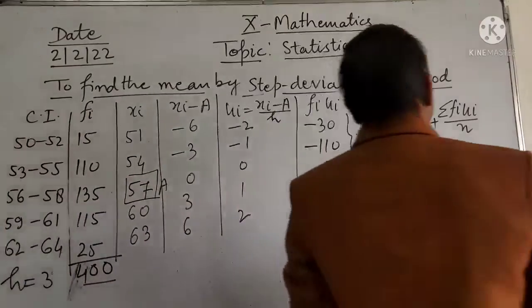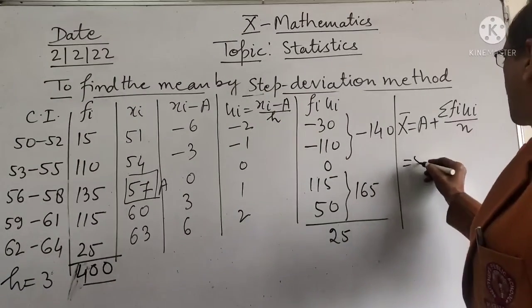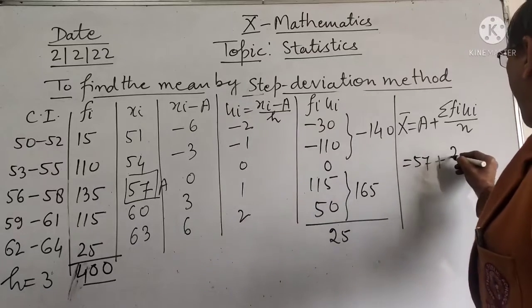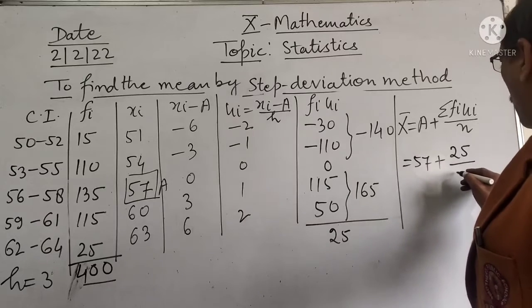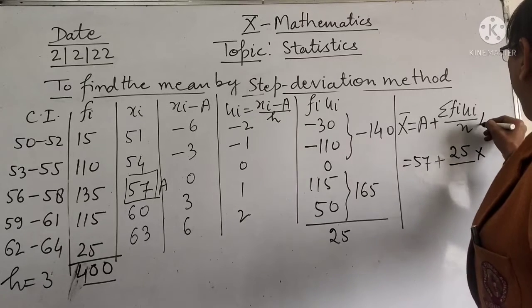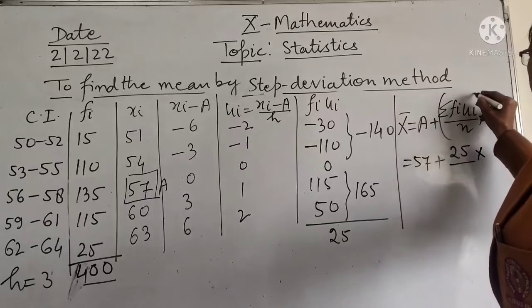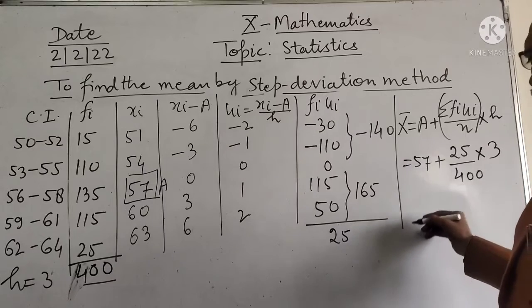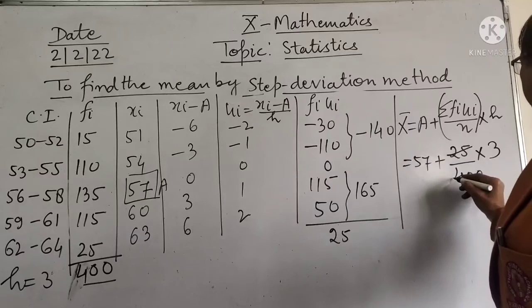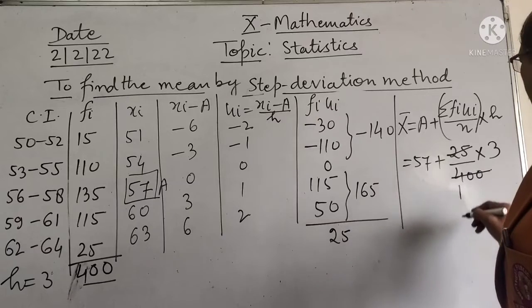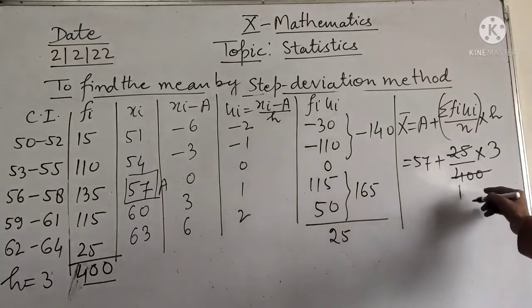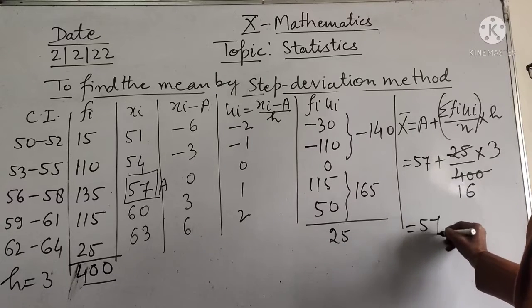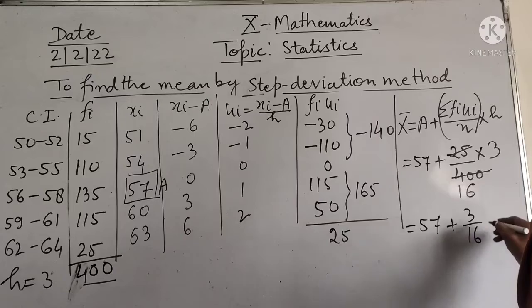So it is 57 plus sigma fi ui, which is 25, into h, which is 3, upon 400. Then 25 times 3 is 75. Then it is 57 plus 3 upon 16.